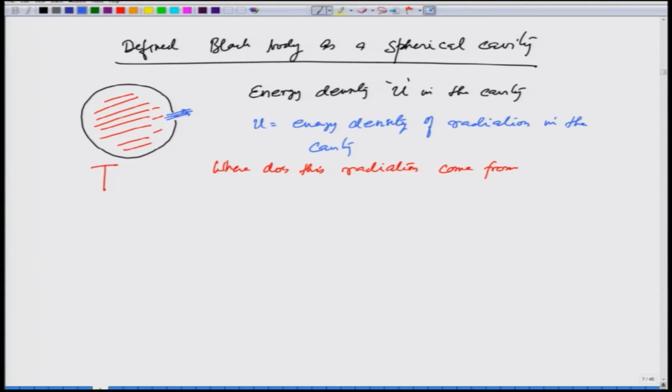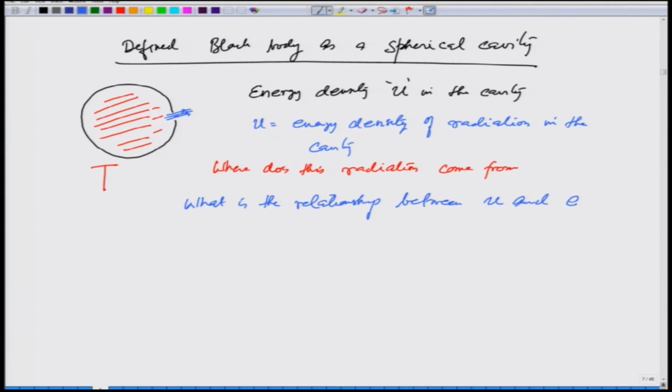So, the next question I ask is, what is the relationship between U and the emissive power of the cavity?